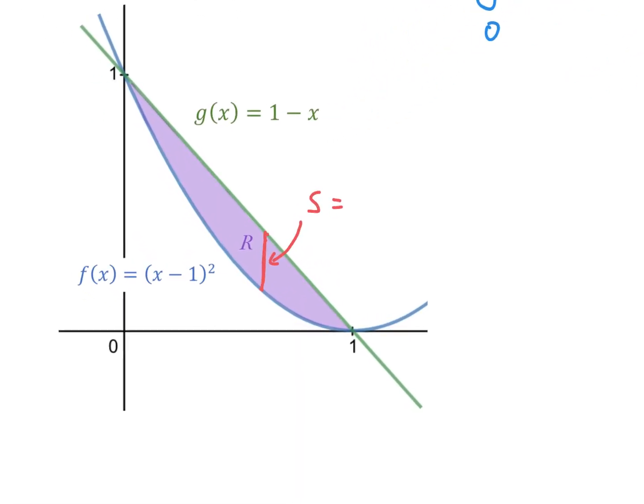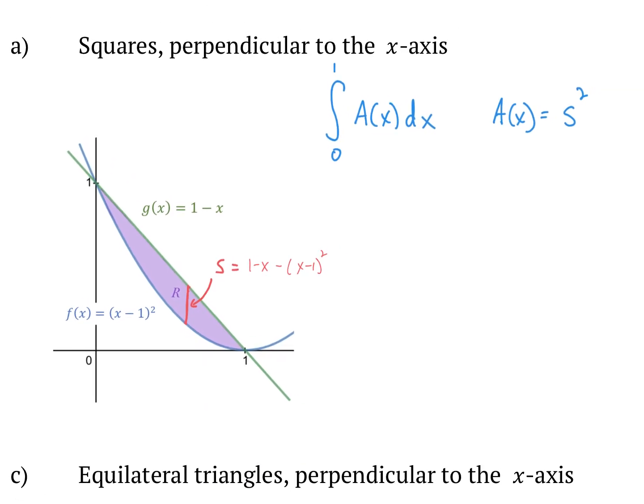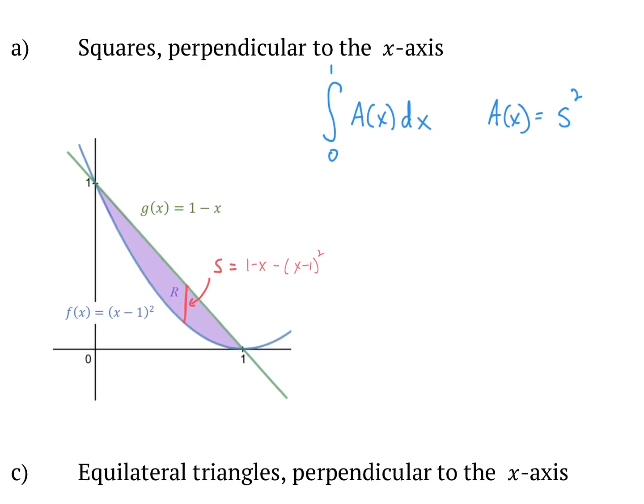All right, and the way to get this distance, the vertical distance between two graphs, is just the top minus the bottom. So that is just 1 minus x minus x minus 1 squared. Okay.